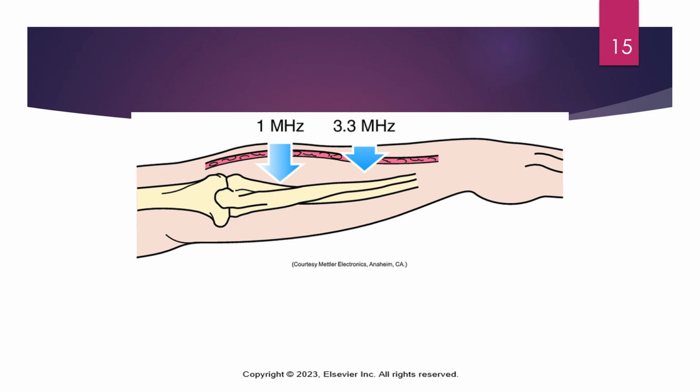So there's benefits to doing both of those. You just have to consider all of these different factors that are going to affect your treatment. Are there going to be reflection or standing waves due to different types of tissue, different densities of the tissue? We have to think about that.